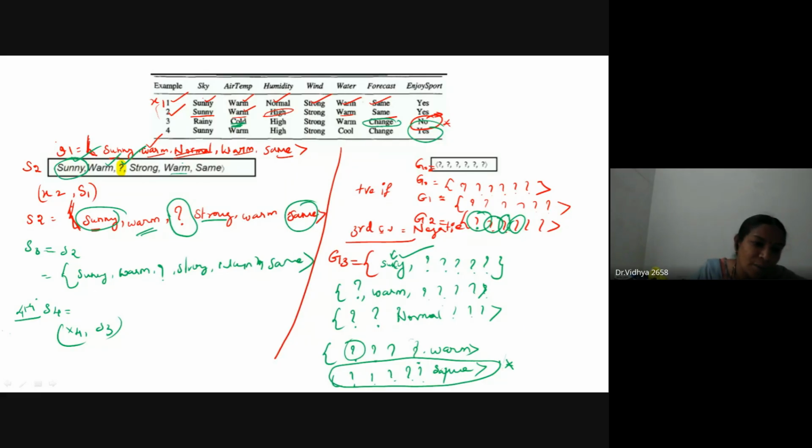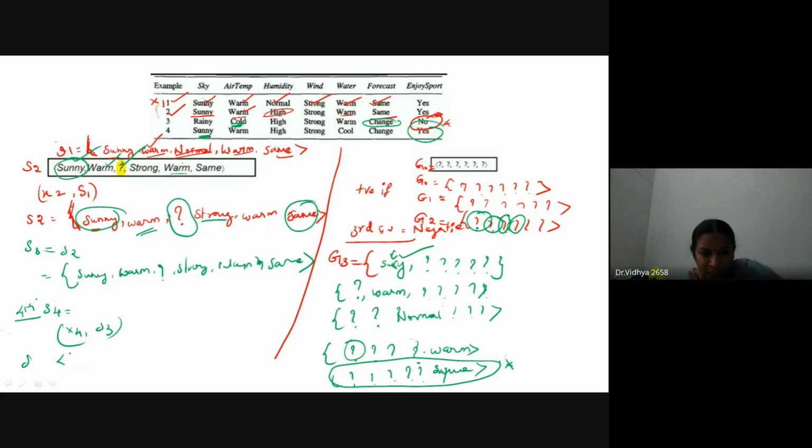What is X4 now? Sunny is initially there, and the attribute in S3 is also given as sunny. So both are the same, and you can write it in the specific hypothesis S4.